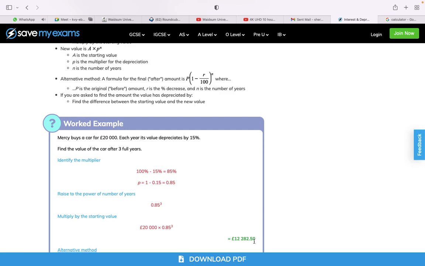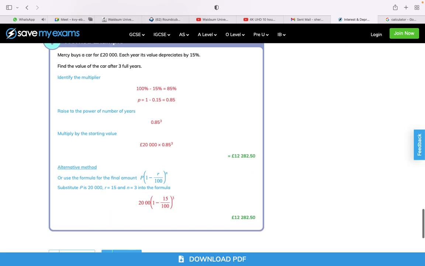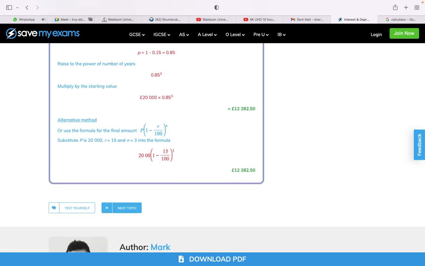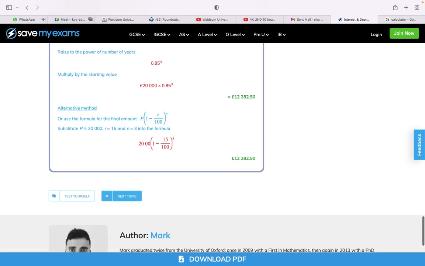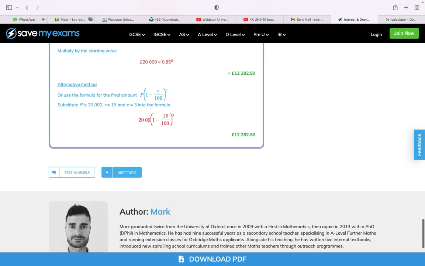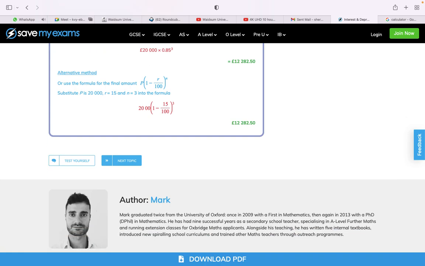So this is how much he can get after 3 years, meaning the car is depreciating. If he waits longer, the value will go down more, because the 50% will be calculated yearly like this. It will keep going down, and at the end of the day, he will not sell it for a lot of money.